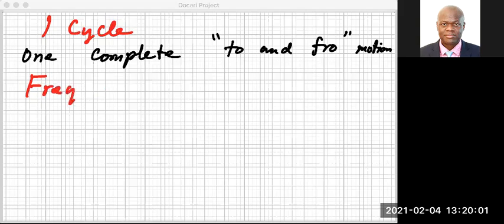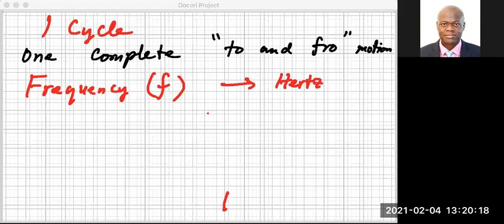And as the name suggests, it is literally how frequently the system completes cycles. So this is denoted f and measured in hertz, or per second.